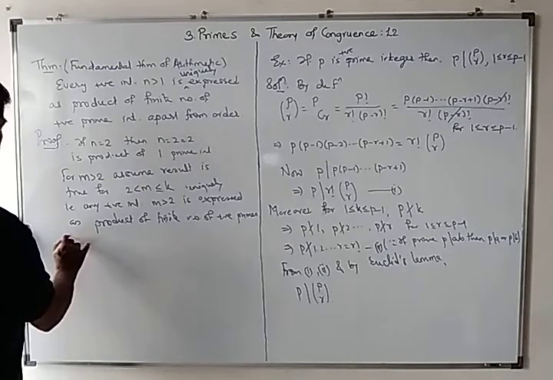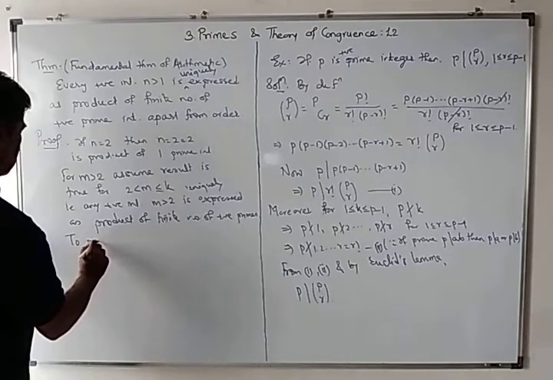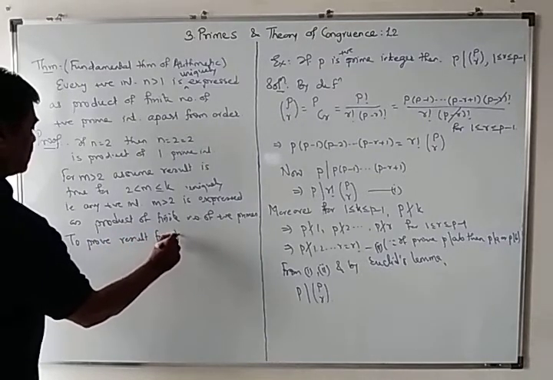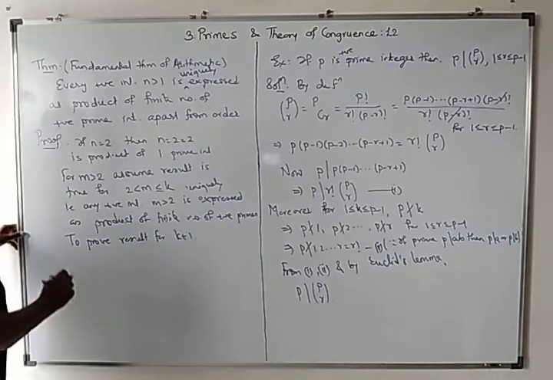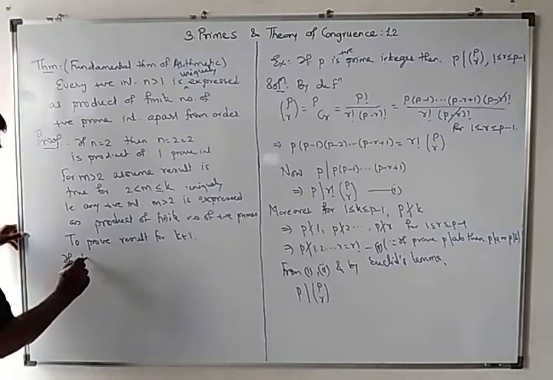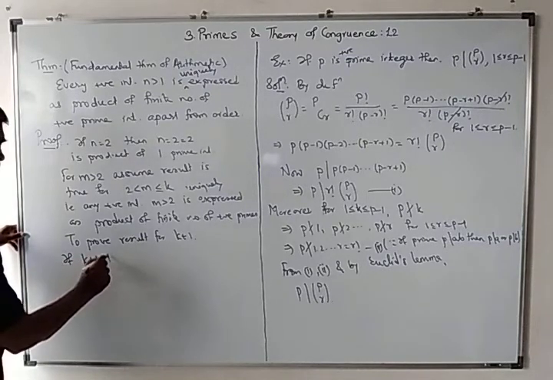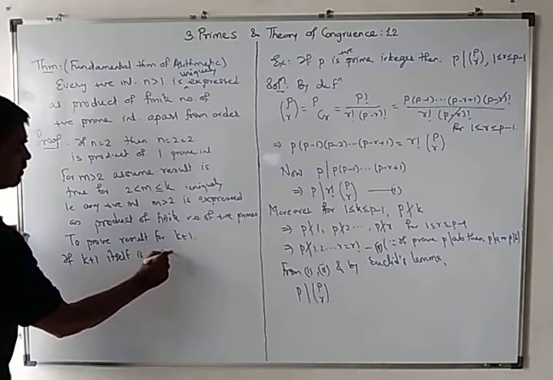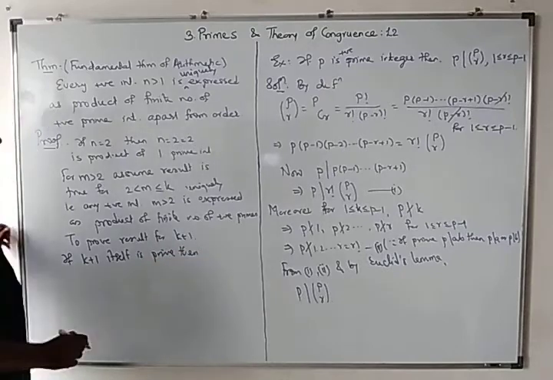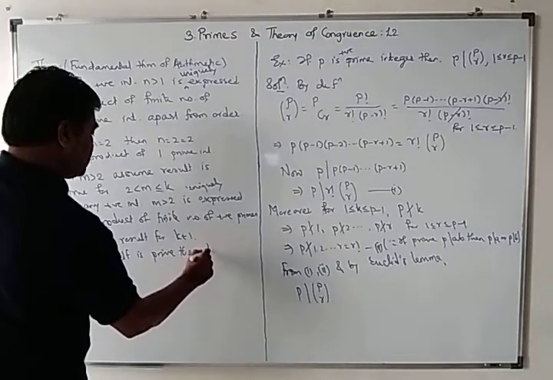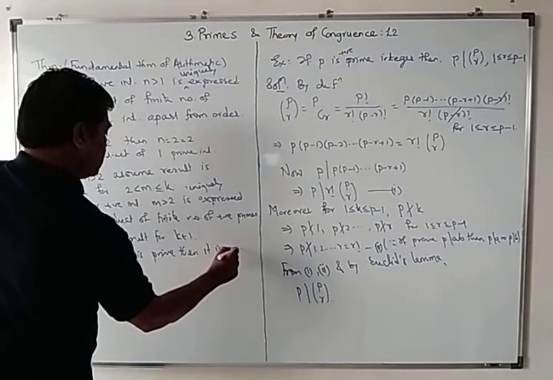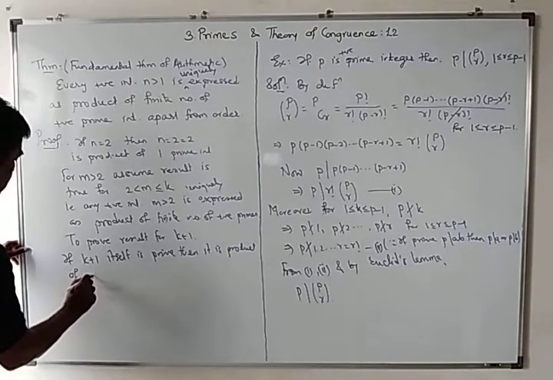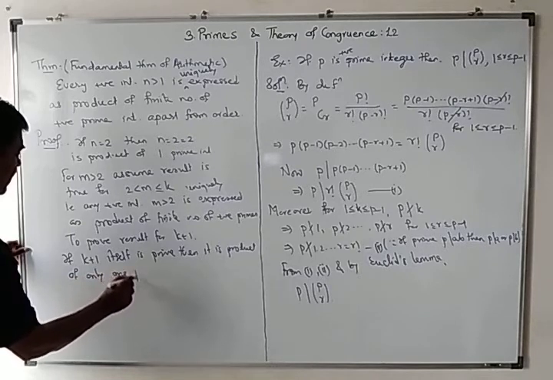To prove the result for k + 1: if k + 1 itself is prime, then it is a product of only one prime.